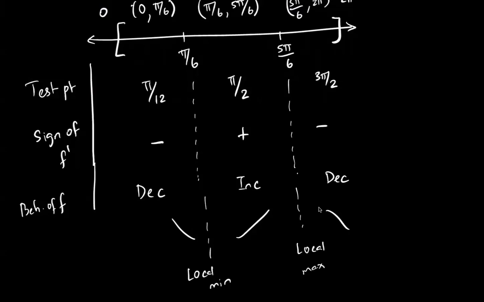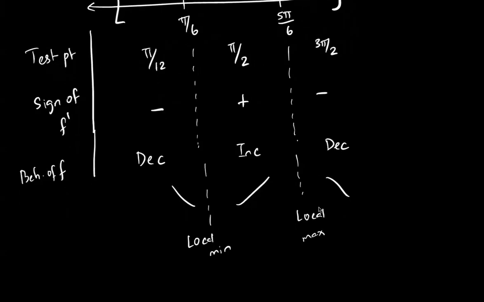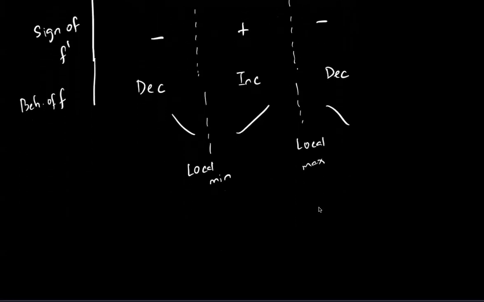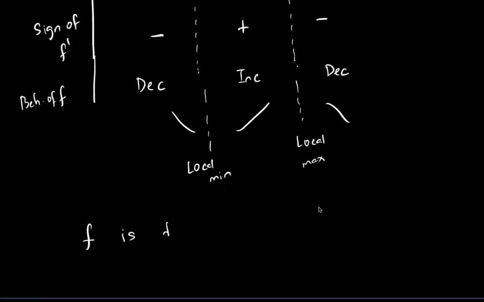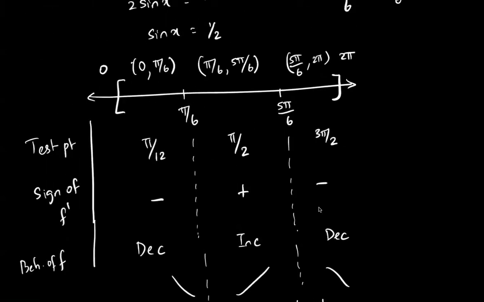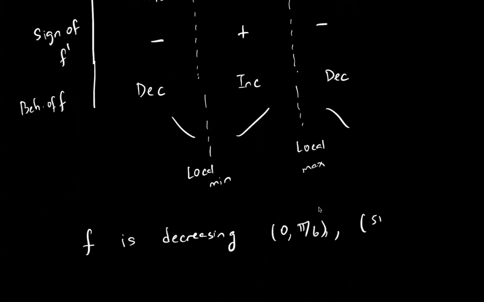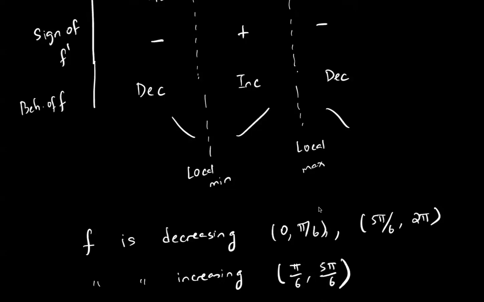So what we are going to answer is that the function is decreasing in the intervals 0 to pi over 6 and 5 pi over 6 to 2 pi, and it is increasing in the interval pi over 6 to 5 pi over 6.